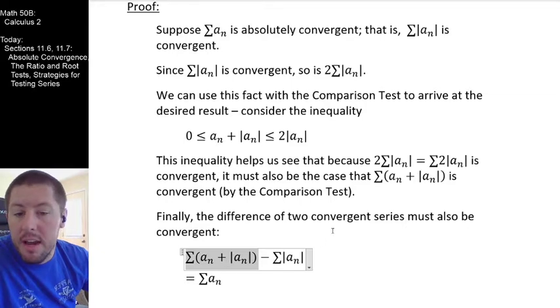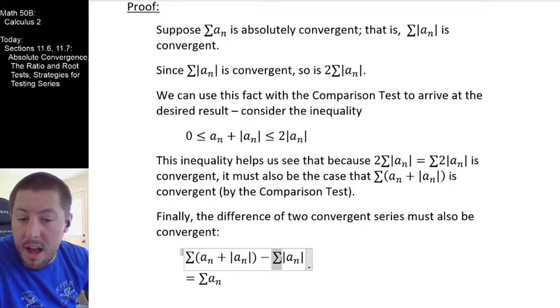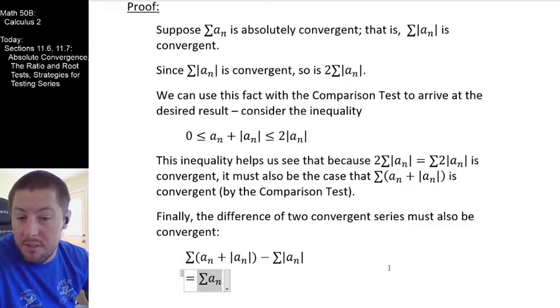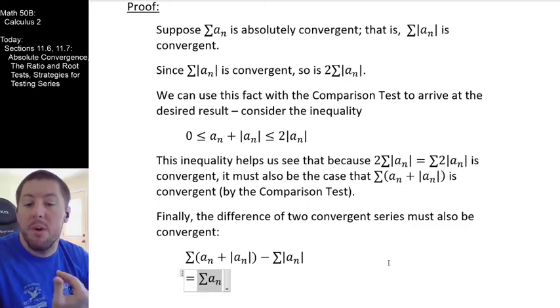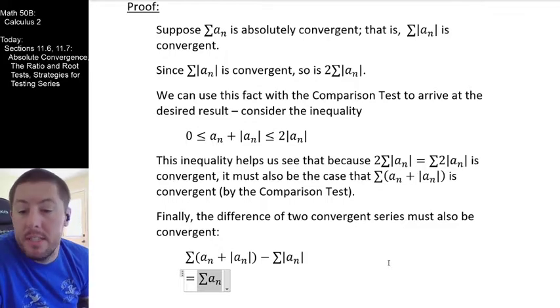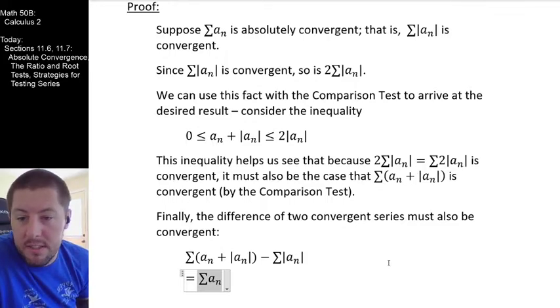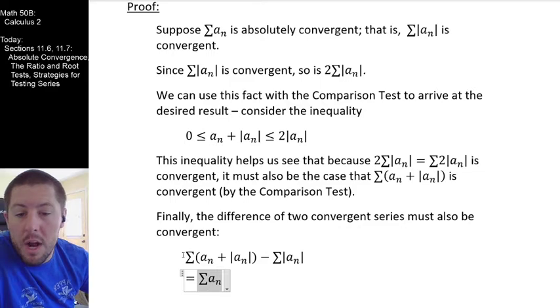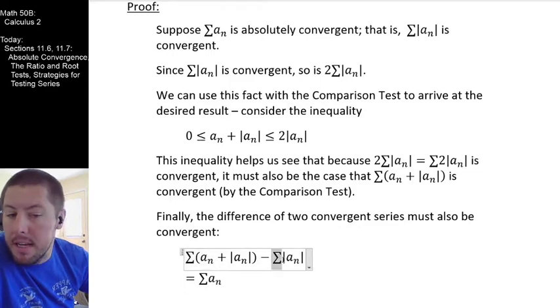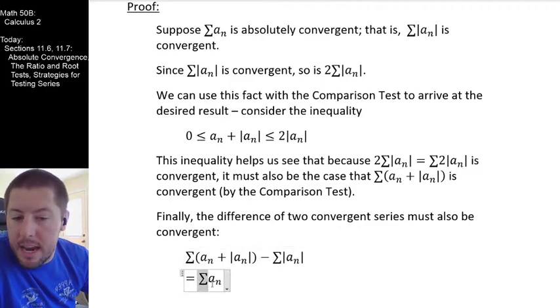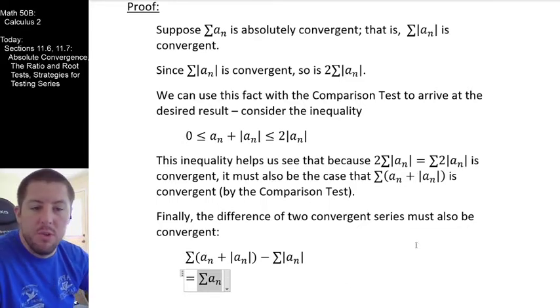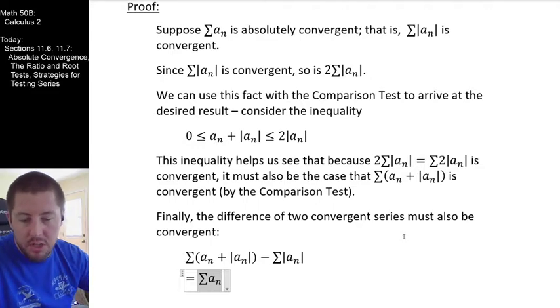And you should notice that if we took this convergent series and subtracted off the other known convergent series of the absolute values of the a sub n's, all we're left with is the series of just the regular old a sub n's, and therefore it must also converge, because all we did was the subtraction of two convergent series, right? We literally took one known finite number minus another known finite number. It's guaranteed that we're going to get a known finite number back. So the difference of two convergent series has to be convergent.